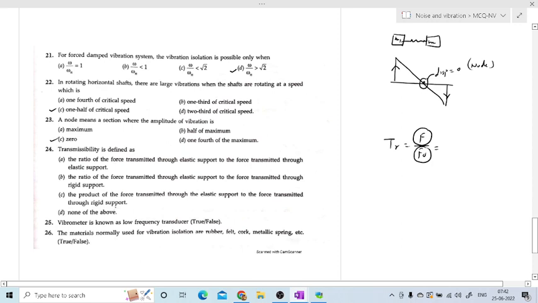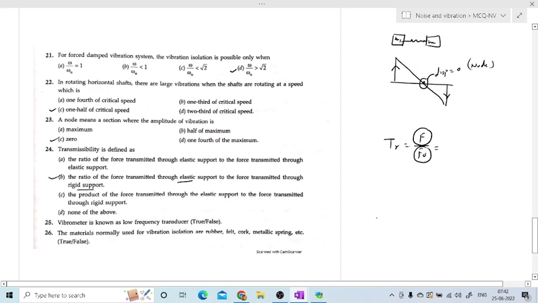So we'll have to read the first two statements carefully. Okay, we'll get answer of 24 here. Ratio of force transmitted to elastic support to the force transmitted through rigid support. Yes, this is the answer.